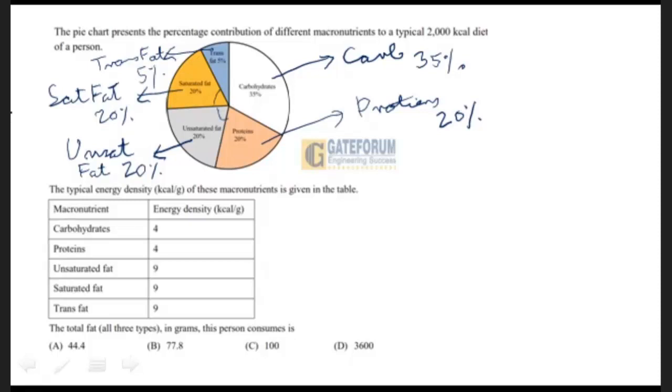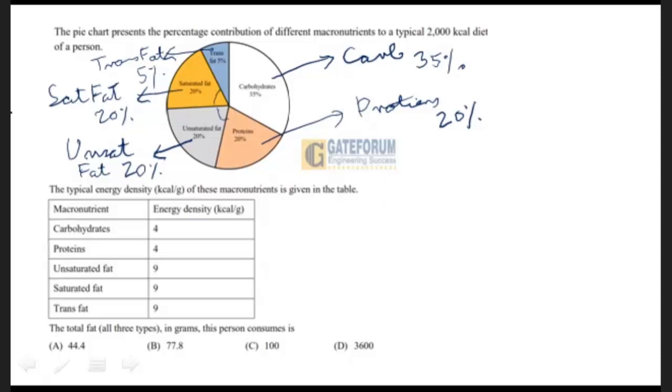So the typical energy density, kilocalorie per gram, of these macronutrients is given in the table. So carbohydrates energy density is 4 kilocalories per gram. Proteins is also 4 kilocalories per gram, whereas all the three types of fats are 9 kilocalories per gram.